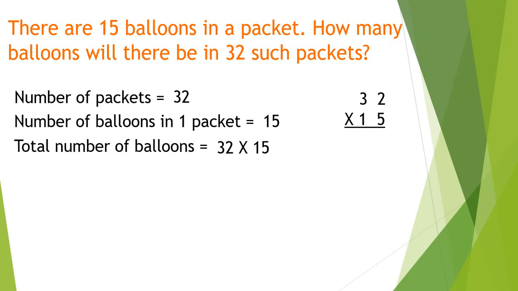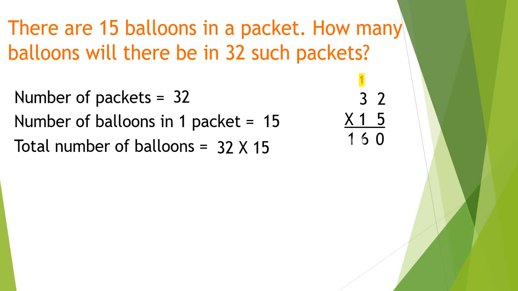Here we have a 2-digit number. So first we will start with the ones place, and that is 5. First multiply 5 with 32 and then 1 with 32. So start, 5 twos are 10. So 1 will be carried forward and 0 we will write down. 5 threes are 15. 15 plus 1 carry is 16.